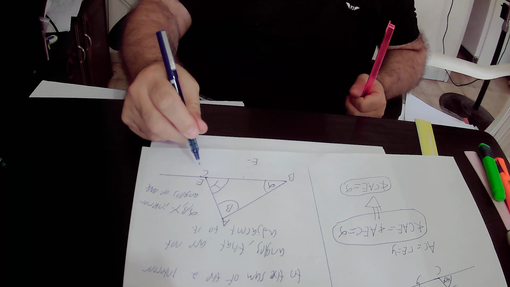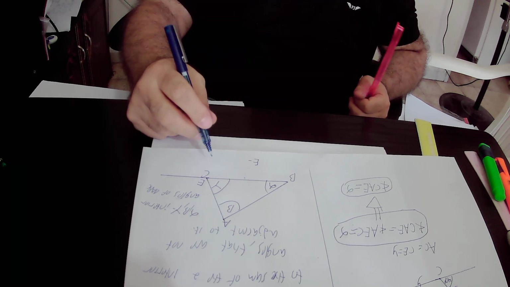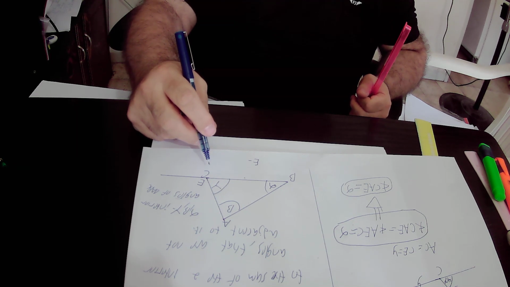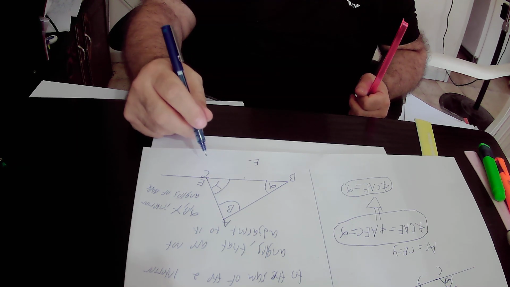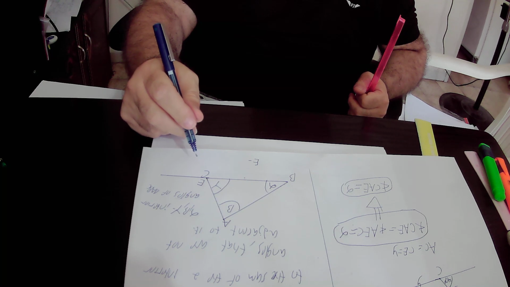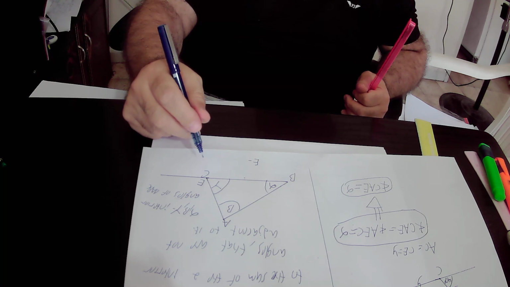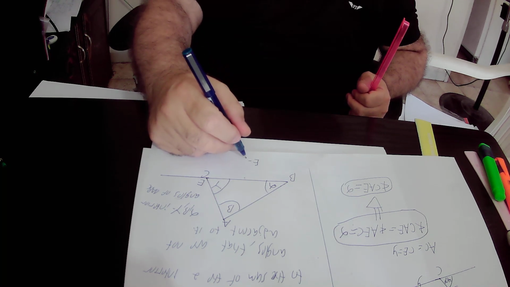Why? Because it is located outside the triangle, while the three interior angles are located inside the triangle. Therefore, they are defined as interior angles. So angle E is an exterior angle.